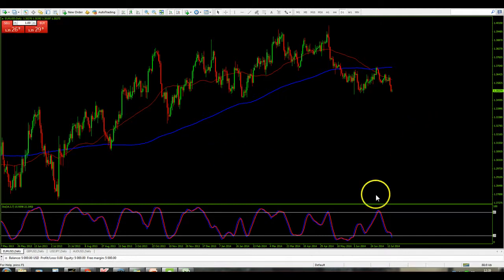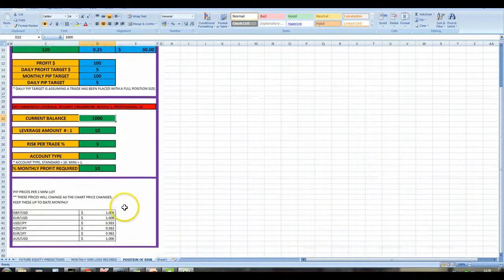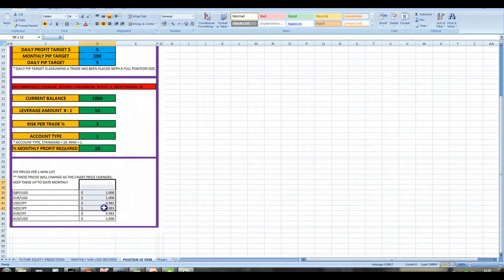Okay, so we'll jump over to my Excel spreadsheets just now. Just want to talk about this part right here. This is off my money manager spreadsheet that I've got on the website. Now these are pip values priced on a mini chart and one full lot.